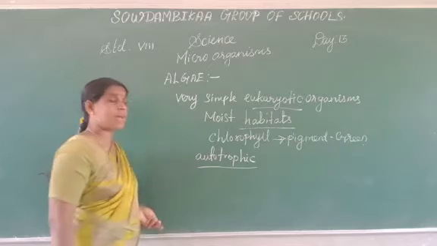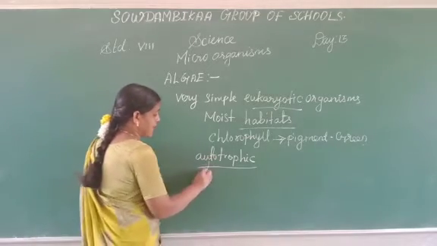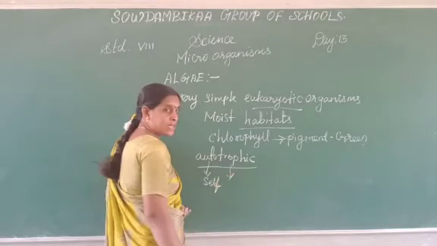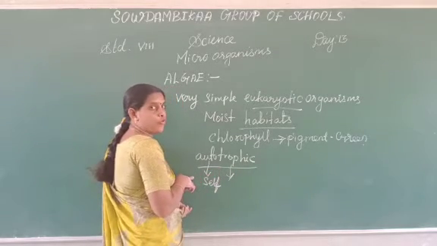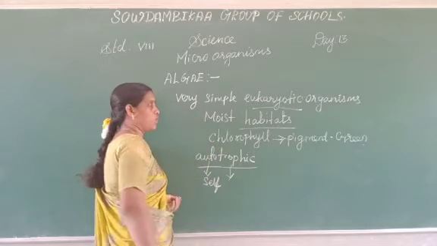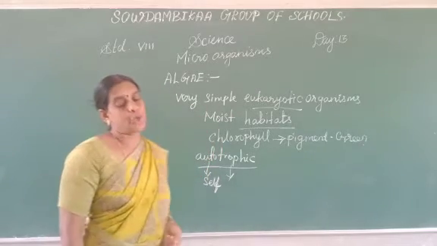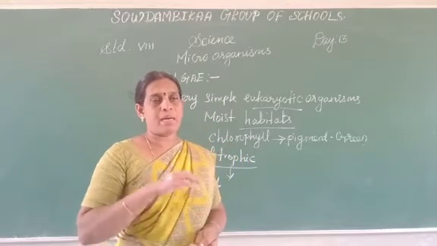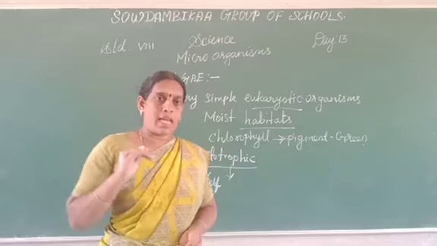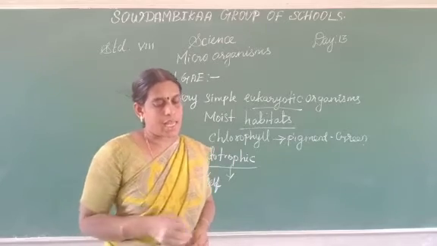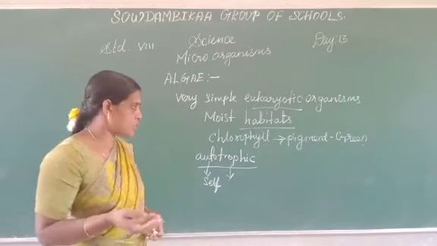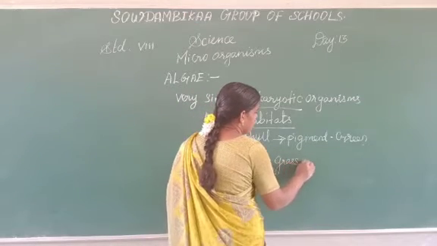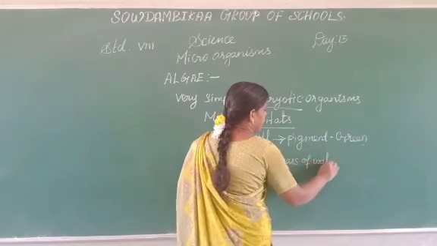What is meant by autotrophic? Auto means self, and trophic means nourishment. They prepare their own food. The alga form a thin film on the surface of lakes and ponds, and are known as the grass of water.